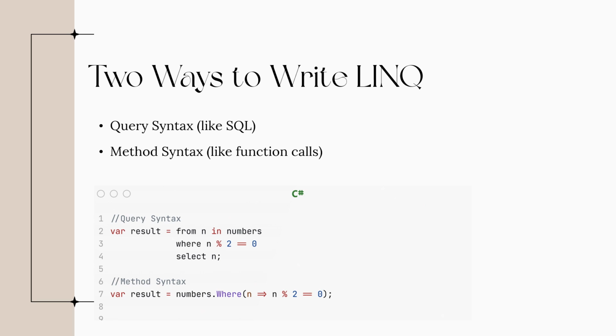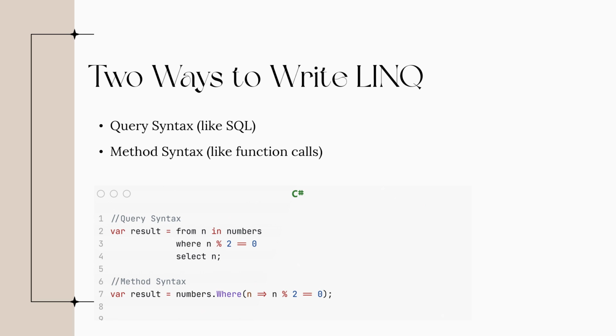And about query syntax, as I said, this looks similar to SQL, and it starts with from followed by select, just like an SQL query. And many developers prefer this because it's easy to understand if you already know SQL.